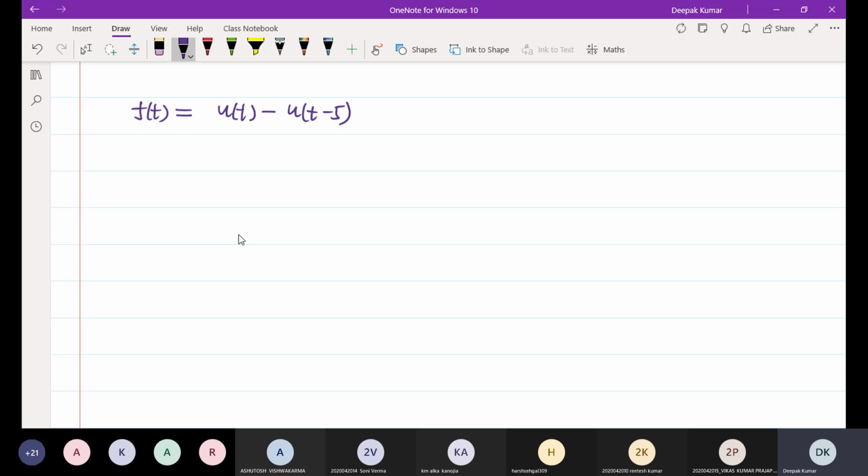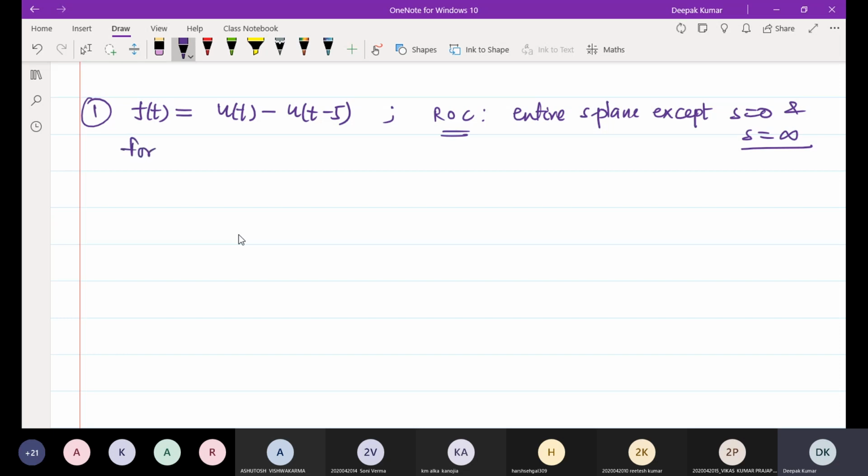Then the region of convergence will be all S plane, the entire S plane, except S equal to 0 and S equal to infinity. These two values will be eliminated from the region of convergence. All the other possible values can be accepted. You can consider this example, any finite duration signal.